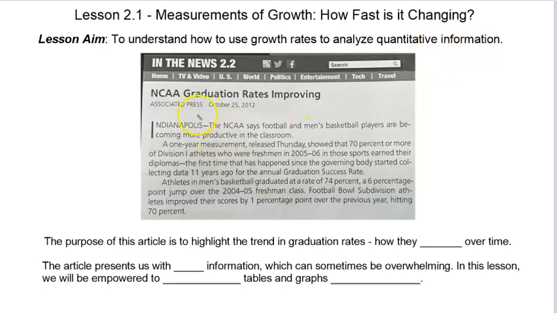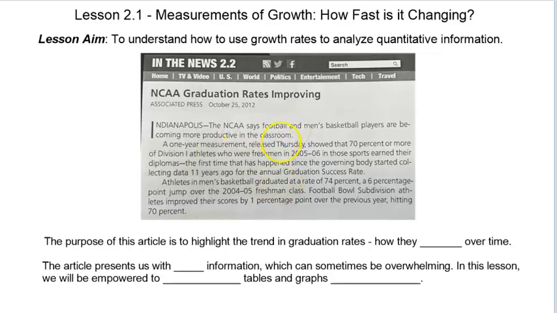So just to kind of get us started, get us thinking, here is this article that tells us the synopsis, the gist of this article is that the graduation rates of athletes in Division I schools is improving.